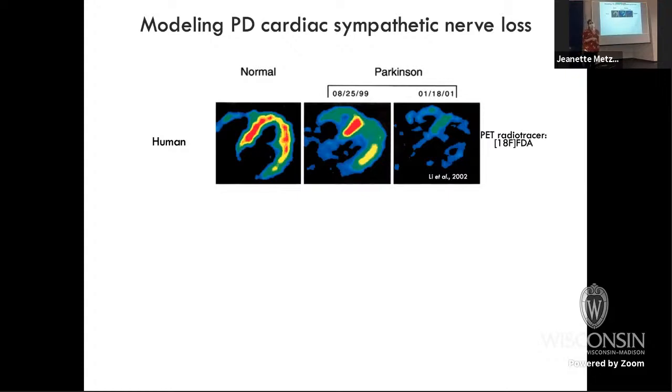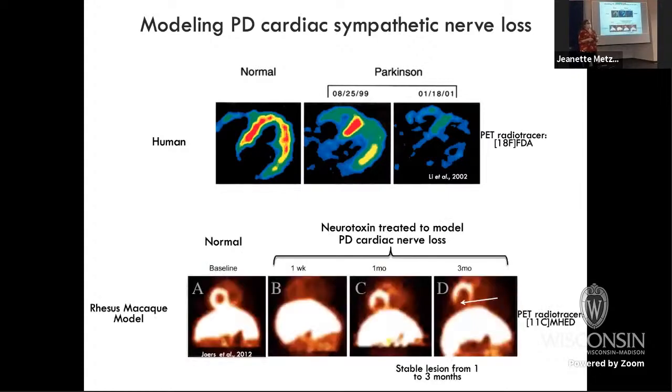So fluorodopamine looks a lot like dopamine. And because it looks like a neurotransmitter, it's actually taken up by a neurotransmitter transporter that is on the sympathetic nerve terminals. And so it is taken up inside of sympathetic nerve fibers. It then emits its positrons there, and we can see exactly where all the sympathetic fibers are in the body. Specifically, in this case, we were focusing on the heart.